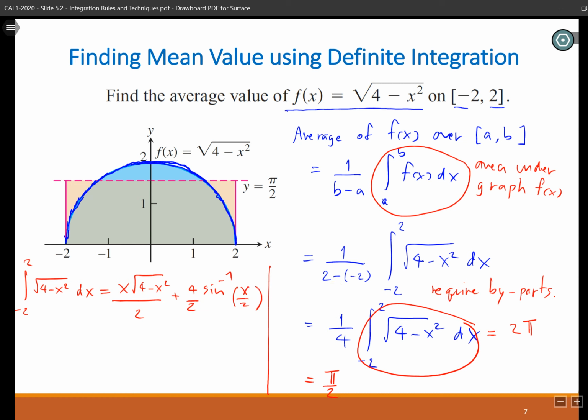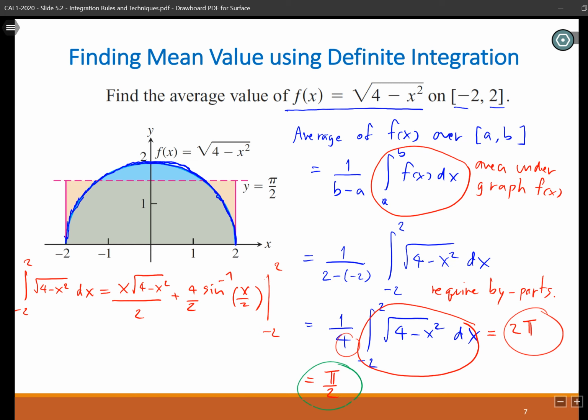Alright, and you have to evaluate this at 2 and minus 2. Okay, and it's going to come out to be equal to 2 pi, and divided by 4. In the end, you have this pi over 2.